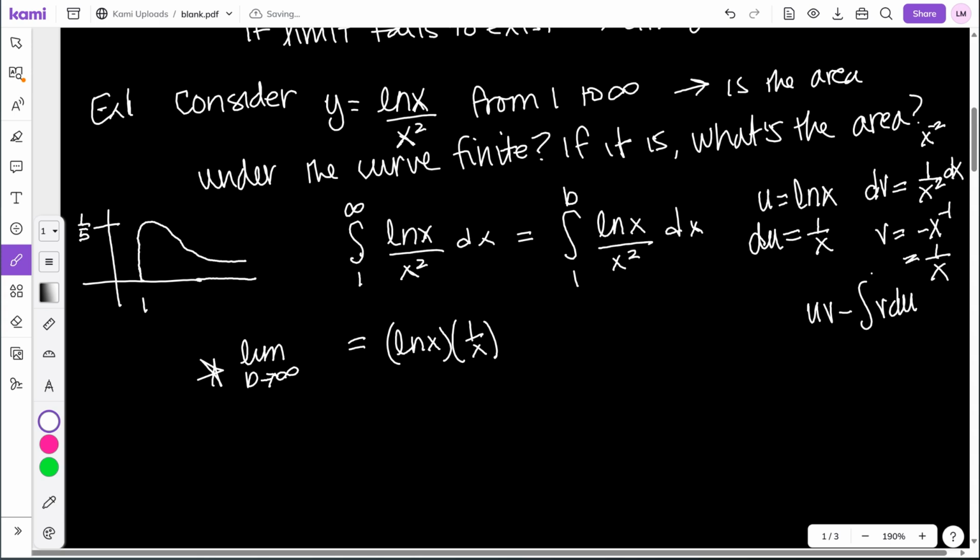And I'm going to evaluate that, put brackets around this, from 1 to b, minus the integral of v du. So minus the integral from 1 to b of v, which is 1 over x, du. Oh, sorry, dx.